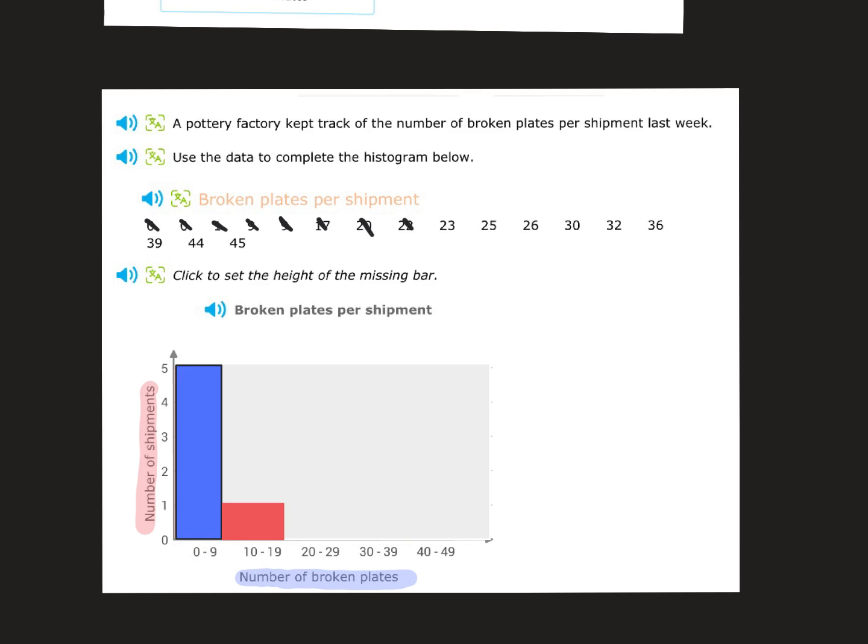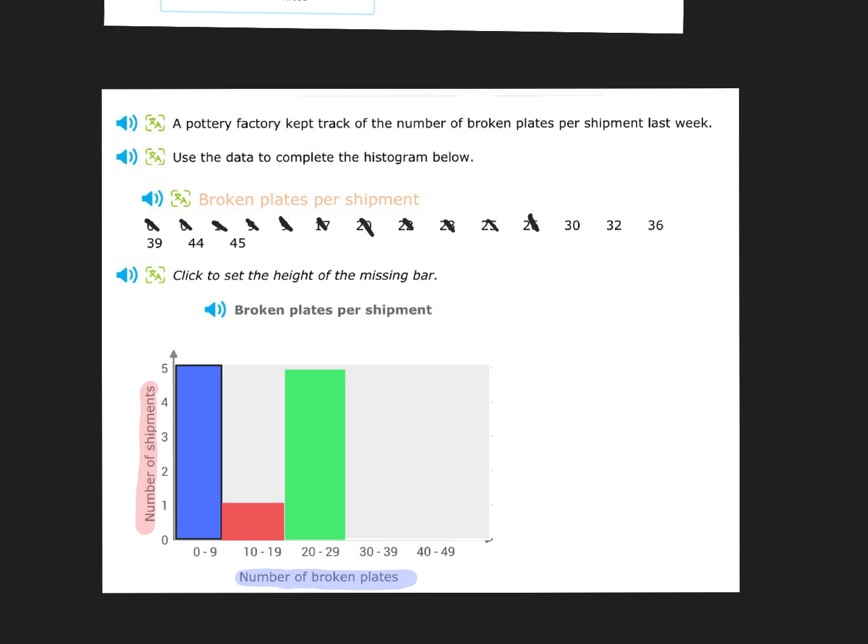So I have 1, 2, 3, 4, 5. And I will do this one in green. We had 5. Right? 1, 2, 3, 4, 5. Yes. Okay. Good. Just making sure.